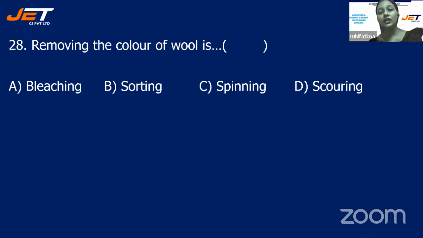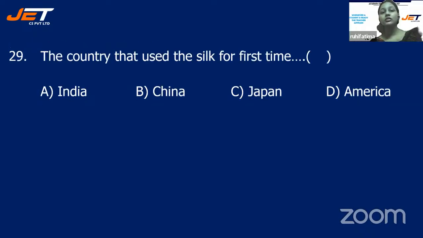Bleaching, sorting, spinning, or scoring. Removing the color of wool is bleaching. We are bleaching the thing and we are removing the color. Okay, let's move to the next question.